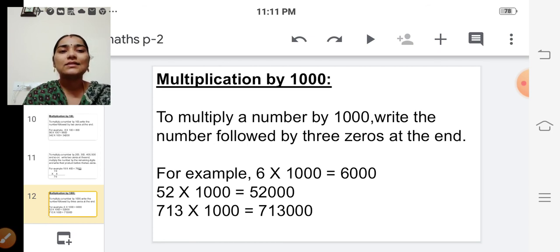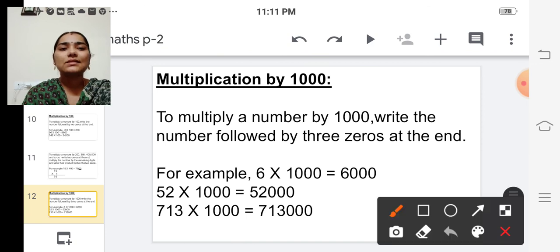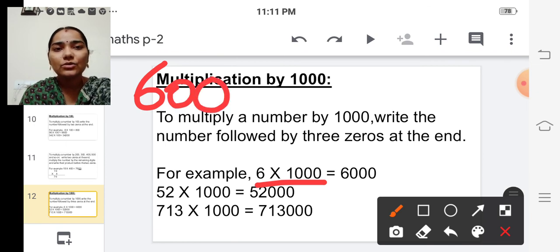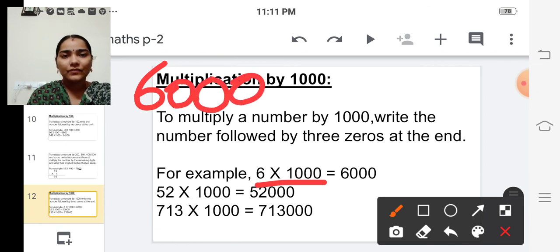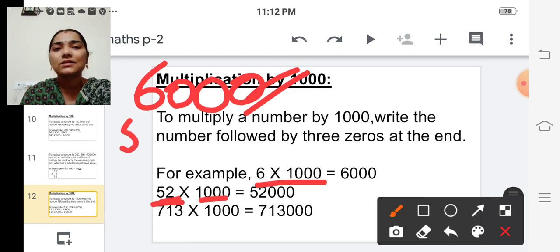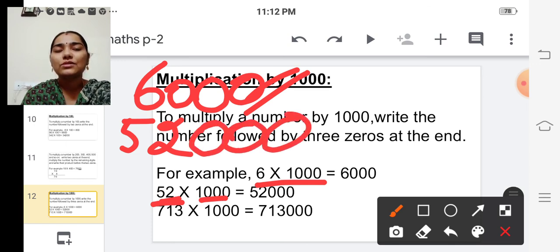Okay. See the example. 6 into 1000. So write the 6 as it is and put 3 zeros at the end. So that's the answer. Okay. See the next example. 52 into 1000. So write this 52 as it is and write how many zeros? 3 zeros, isn't it?